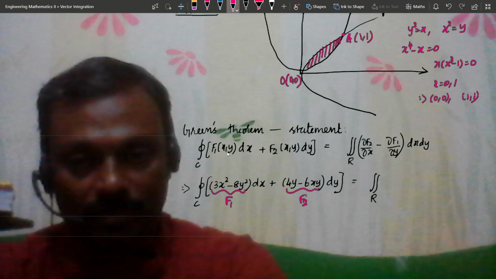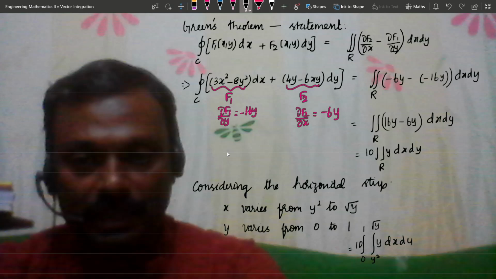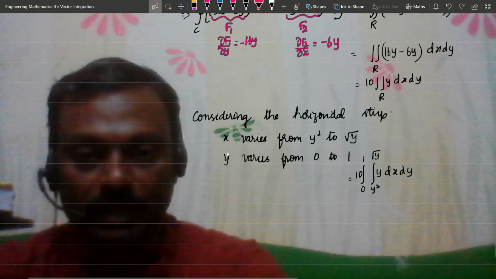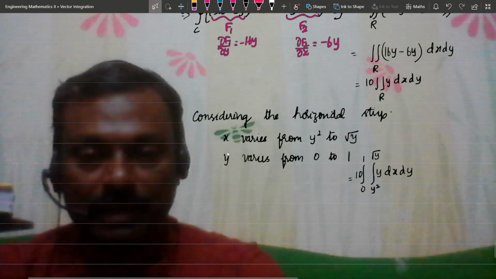So the double integral over R of 10y dx dy takes the form 10 into the integral from 0 to 1 of the integral from y squared to root y dx dy. From the order of integration, first we evaluate with respect to x. So 10 into the integral from 0 to 1 of x from y squared to root y, times y dy. On applying the upper limit, we have root y minus y squared, and y is common.